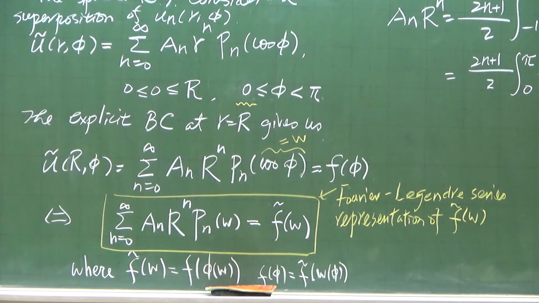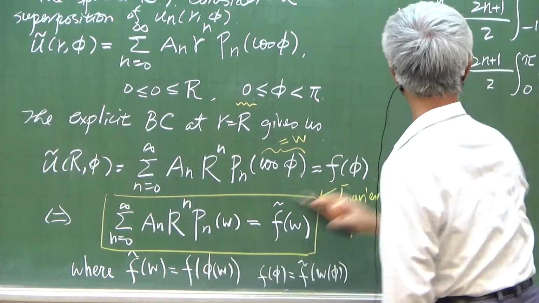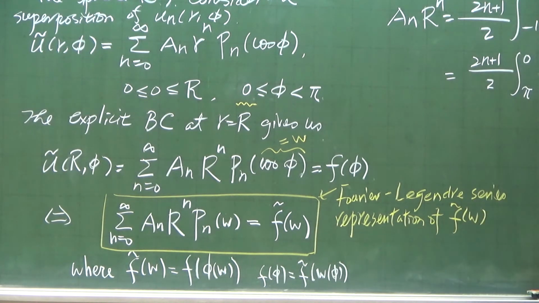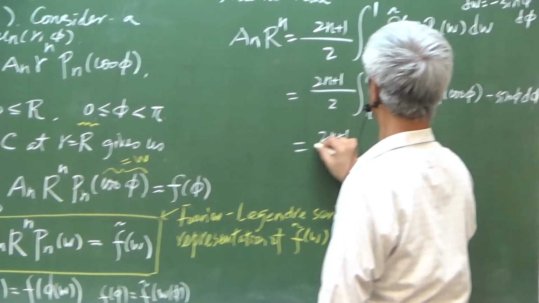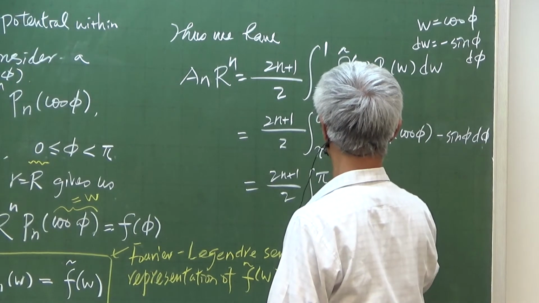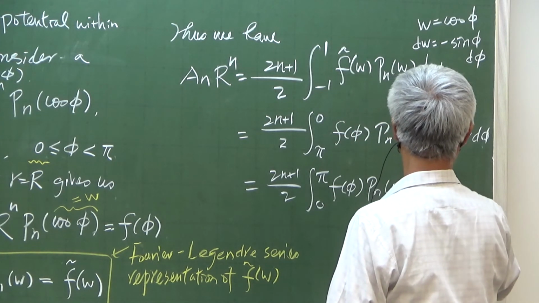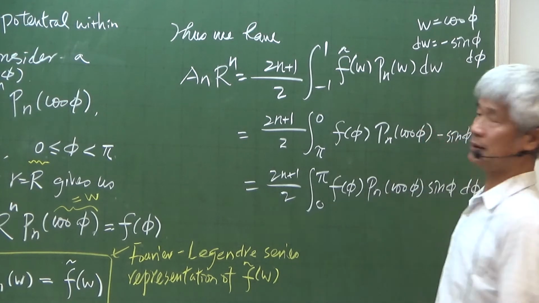Okay. The minus sign is because we reverse the order. Because minus 1 corresponds to pi and 1 to 0, and this is minus sine phi d phi by the substitution here. And we reverse the order from 0 to pi, so we have sine phi d phi.